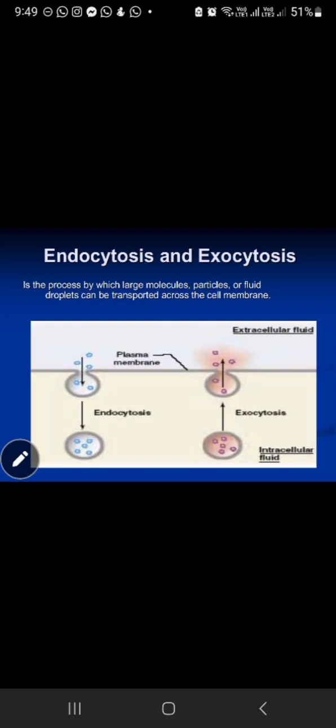So we create a small vesicle that can engulf from outside, or be released by exocytosis from inside. Exocytosis is removing outside, and endocytosis is engulfing into the inside.